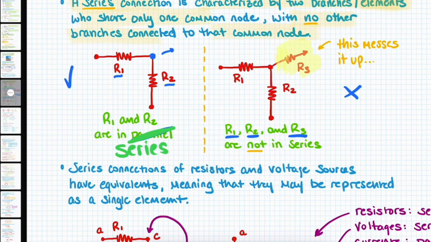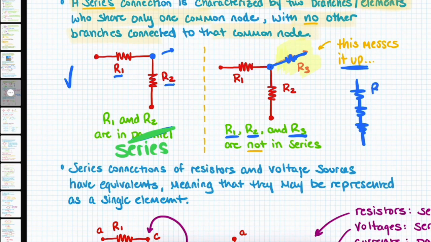Or we could say none of them are in series. R1 and R2 are also similarly not in series. Although they do share a common node, the fact that there's something else connected to it, as I wrote here, messes it up. Now, it is possible to have 3 resistors in series, but that's essentially just by association.